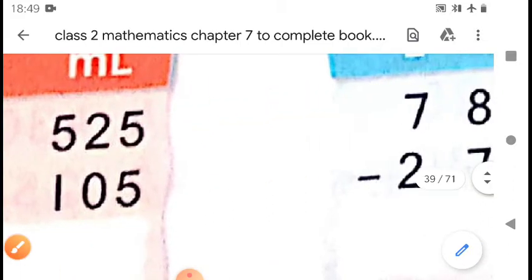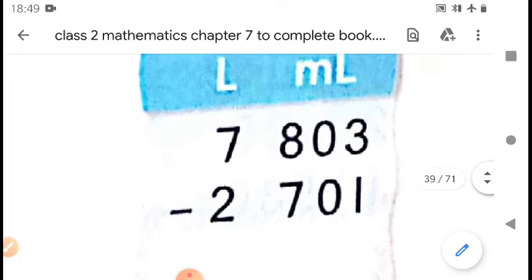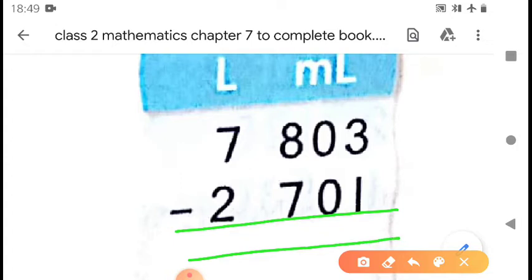Next is 7 liter 803 milliliter minus 2 liter 701 milliliter. Subtracting the milliliters first. 3 minus 1, 2. 0 minus 0 is 0.